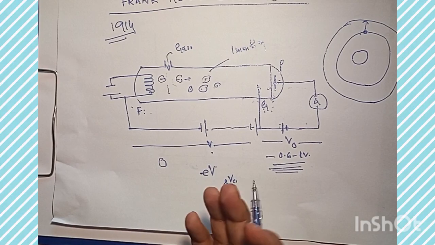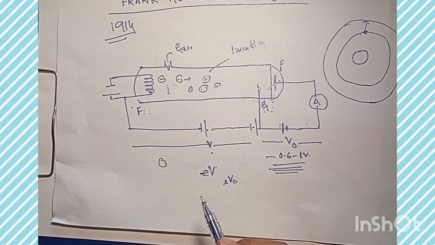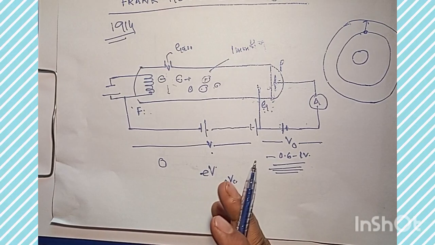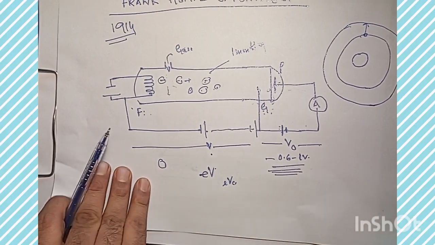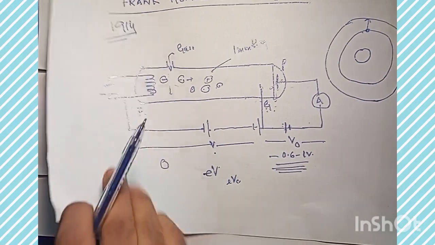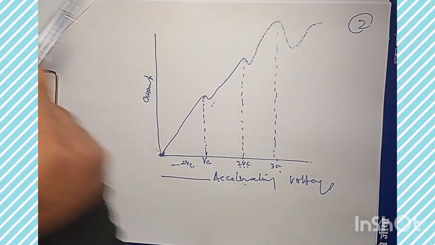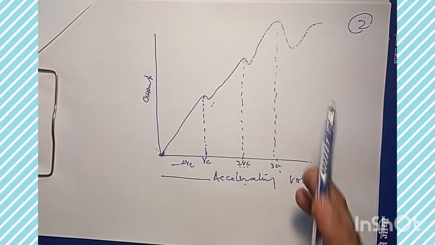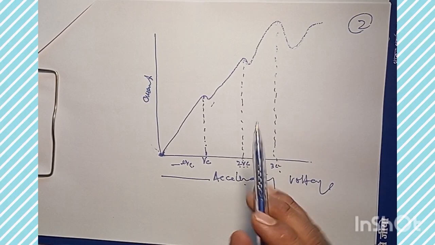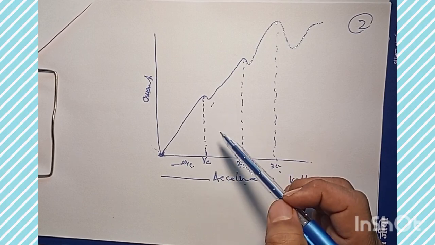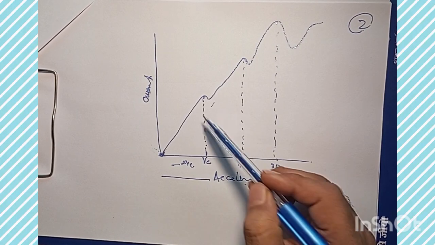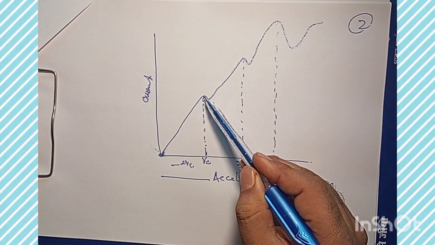This was exploited by Franck and Hertz, and they demonstrated it directly by observing the spectrum of the gas during the electron collision, and they showed that a particular spectral line does not appear until electron energy reaches some threshold value.